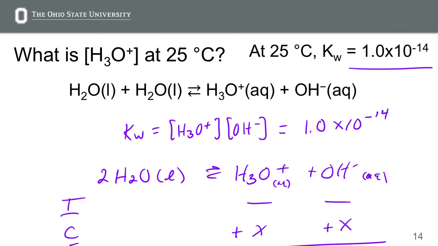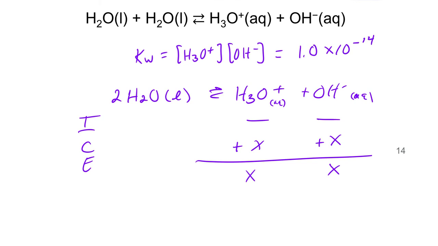At equilibrium, we'll have X moles per liter of H3O+ and X moles per liter of OH-. We can set that equal to our Kw value, just like we do with more general equilibrium problems. So Kw equals X squared.